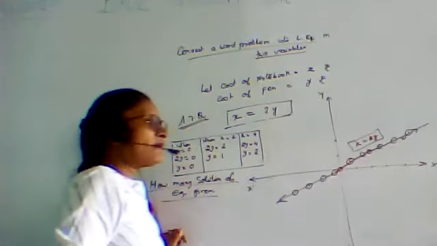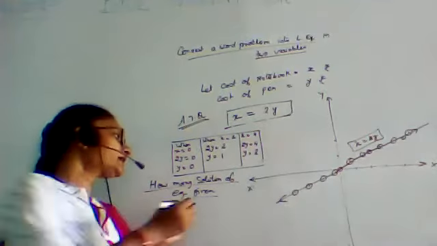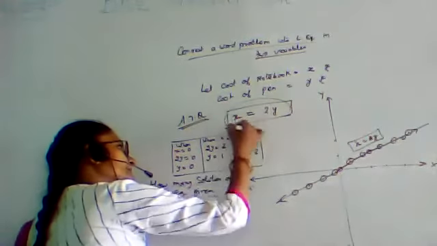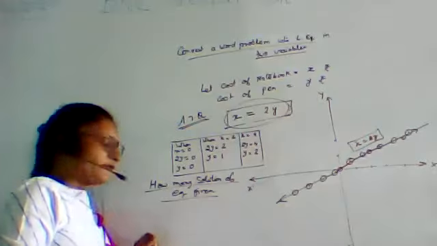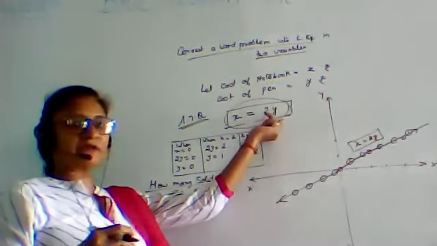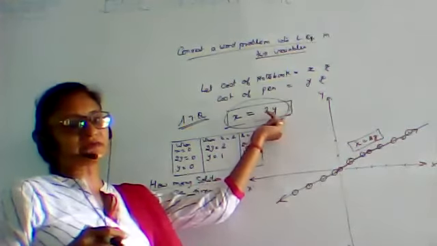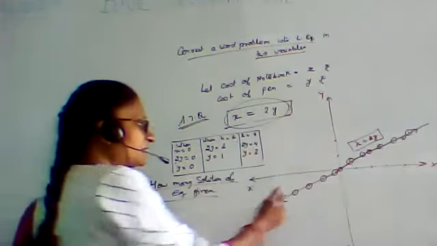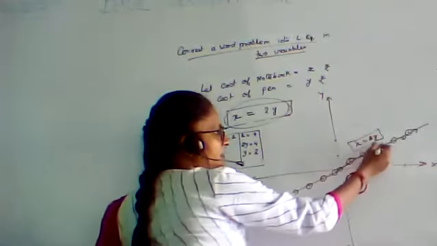Solution means values of x and y that satisfy the given equation. Values of x and y which satisfy the given equation are the solution of the equation, and every point present on the line is a solution.